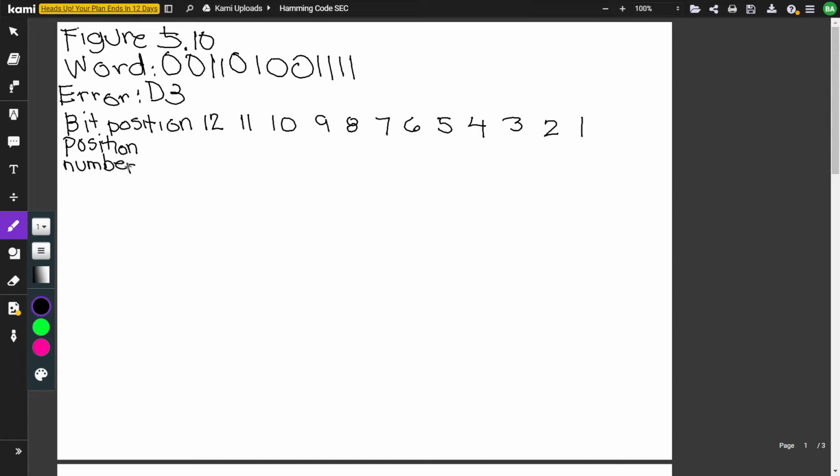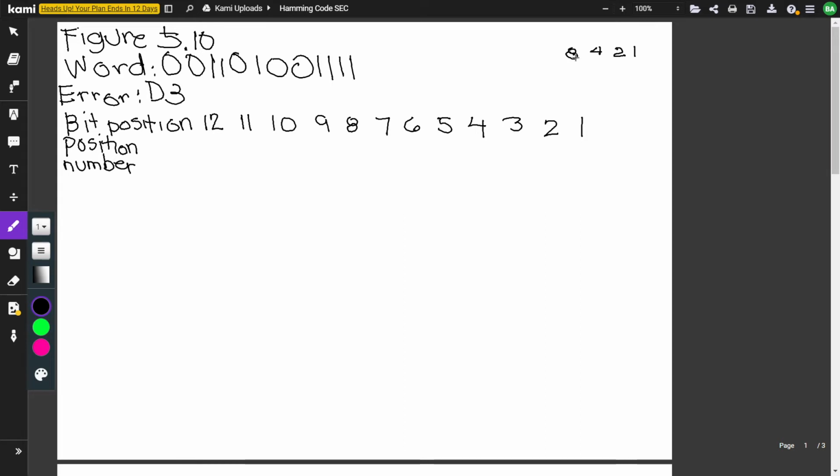Let's start with 1. If you have a digital electronics background, the weights per digit are 1, 2, 4, and 8. Since we have 12 bits, 12 is the maximum number, so it will fit in 4 digits.